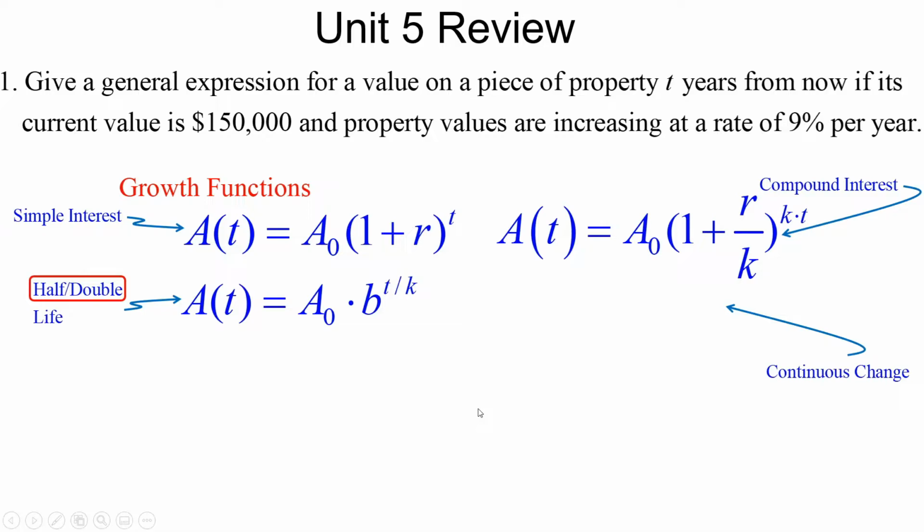And then finally, continuous change. Continuous change occurs in nature. The easiest way to picture it is things like, okay, a plant grows continuously, all right? And the formula is very simple, and this is where we developed our understanding of e, the irrational number e, but it is P sub 0, all right?